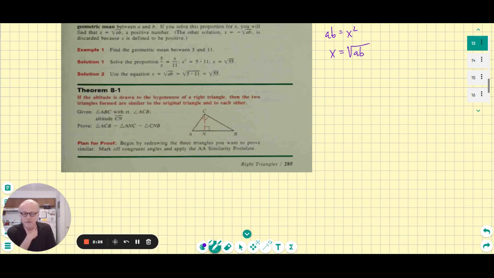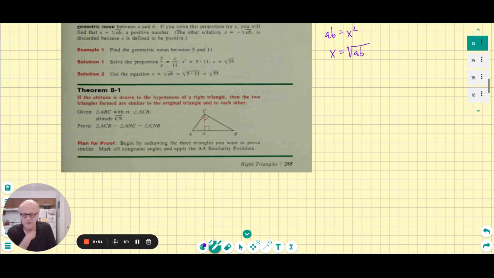When that happens, the other two triangles are going to be similar to the original triangle and to each other. So in this case, our triangle ACB, which is the one we started with, is going to be similar to ANC and CNB.